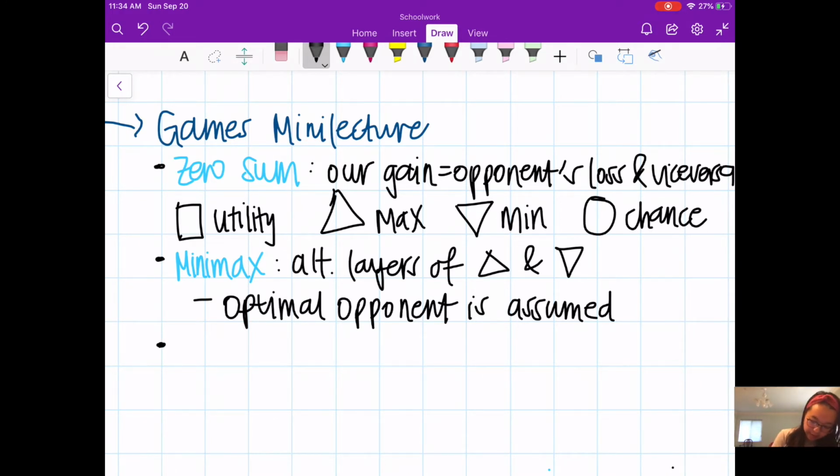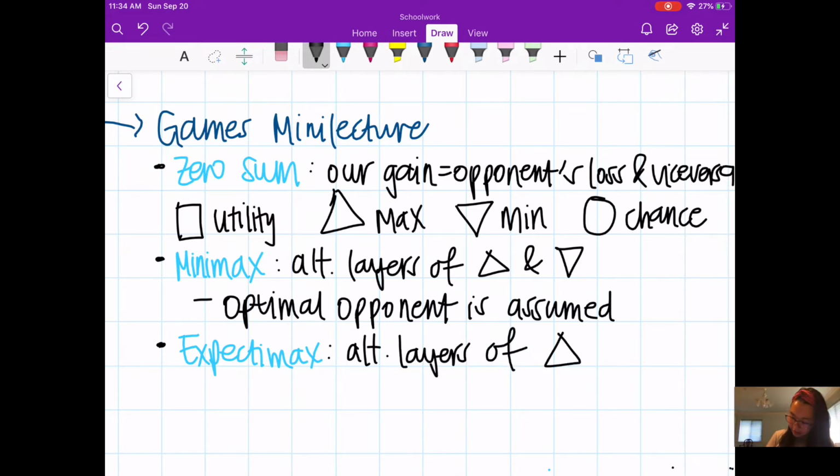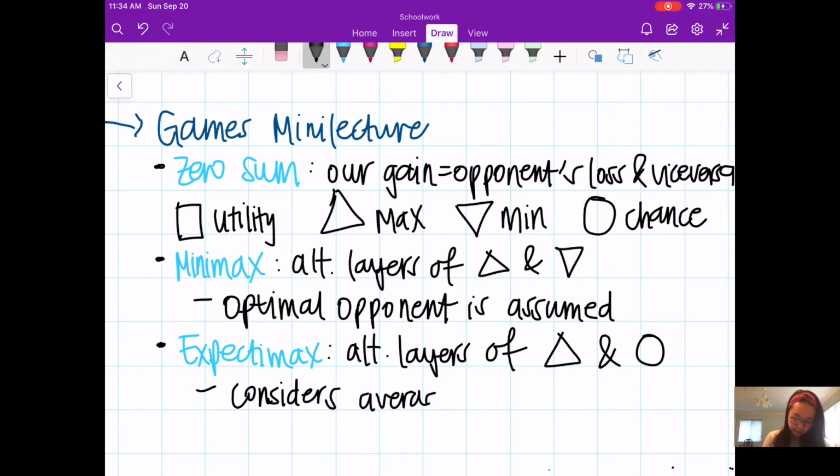Another type of tree is expectimax. This is just alternating layers of max nodes and chance nodes. With expectimax, you're more considering the average case of how your opponent acts, so you are not considering an optimal opponent anymore.